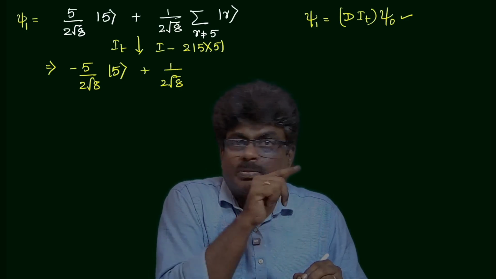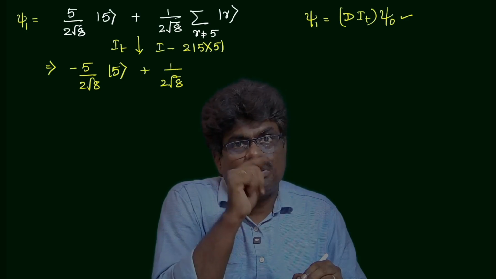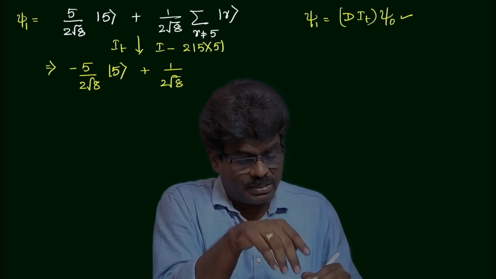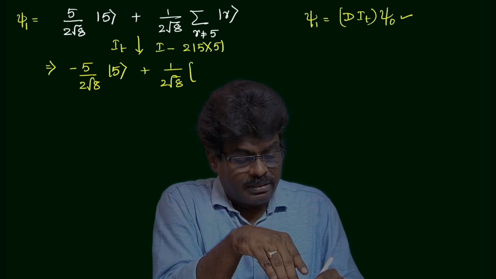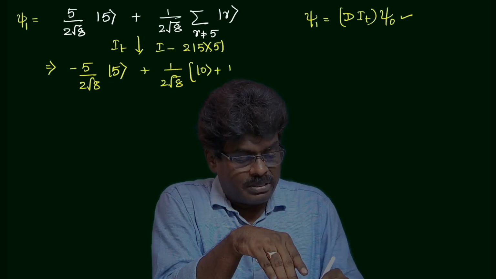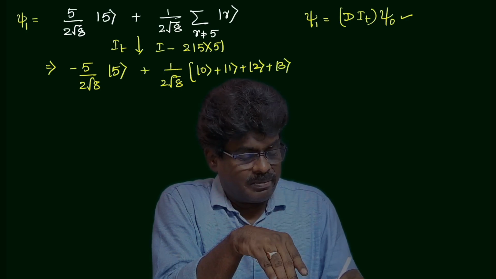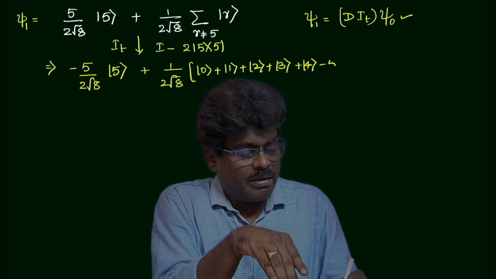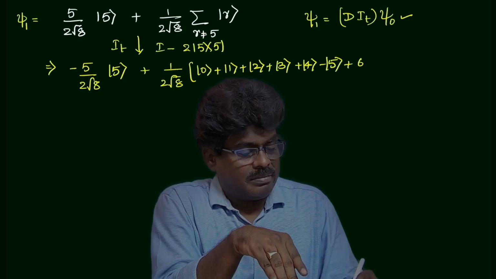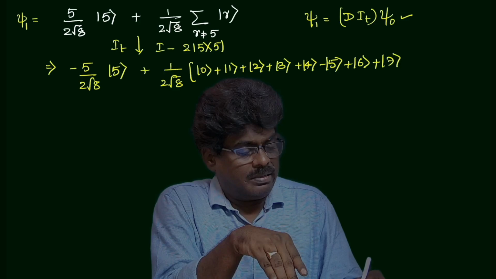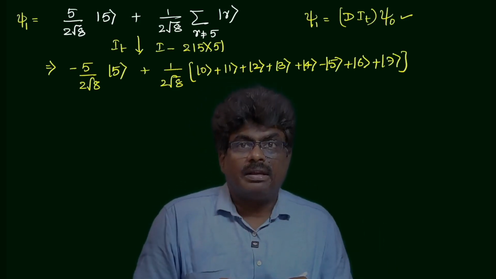This contains a superposition of all the states 0 to 7. So let me write here 0 plus 1 plus 2 plus 3 plus 4 minus 5 plus 6 and 7. Okay, fine.